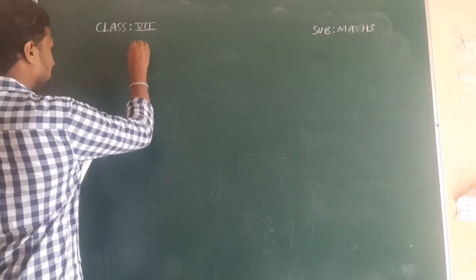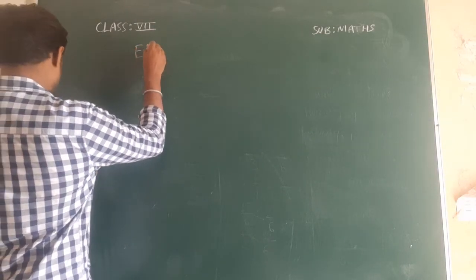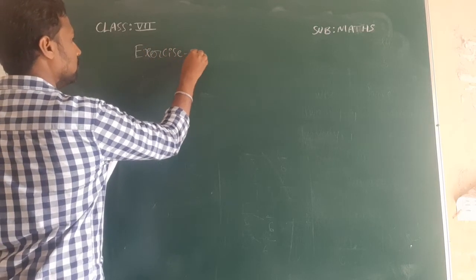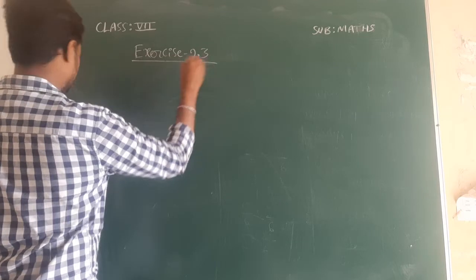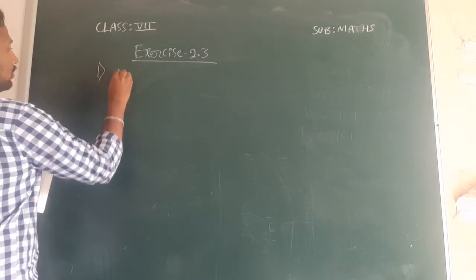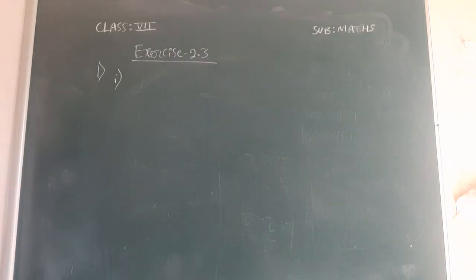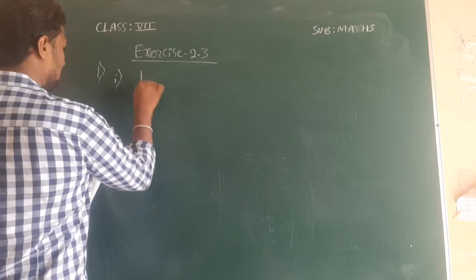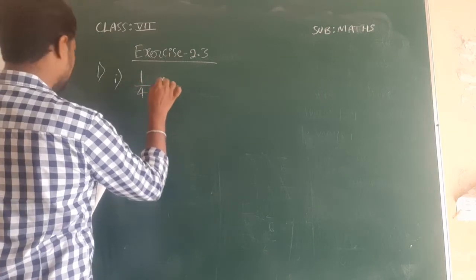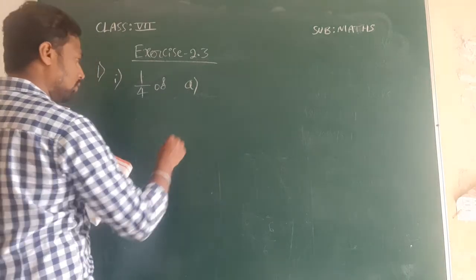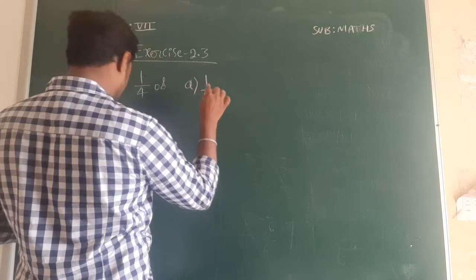In exercise 2.3, problem number 1, in that the first question: find 1 by 4 of, again they have given 3 questions here. 1 by 4 of 1 divided by 4.